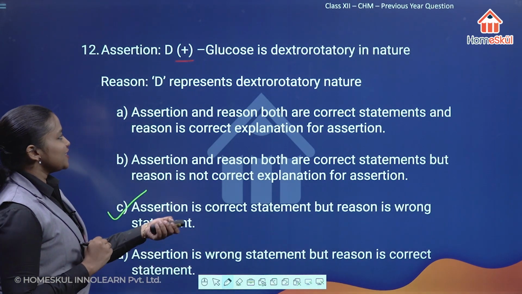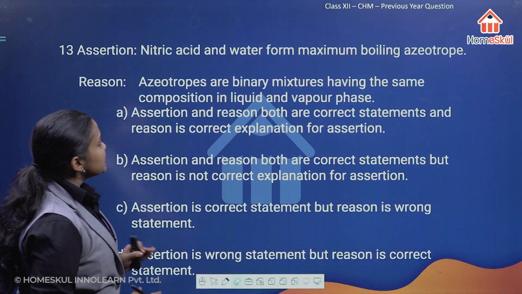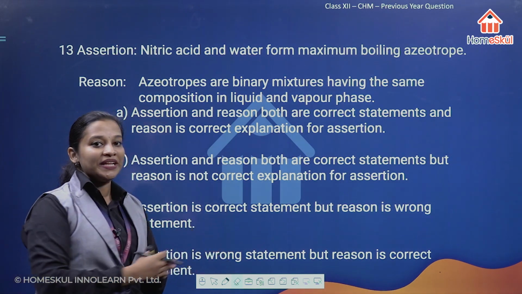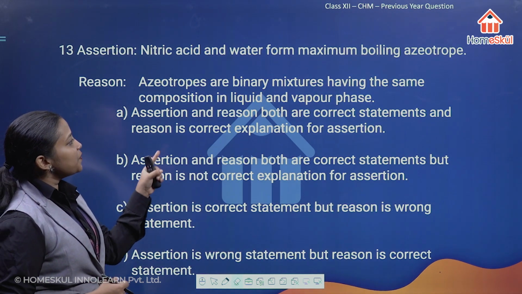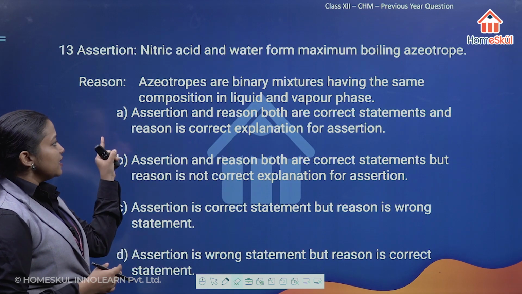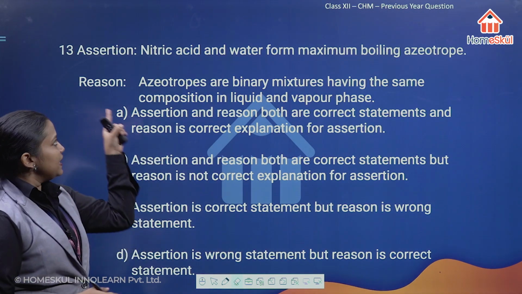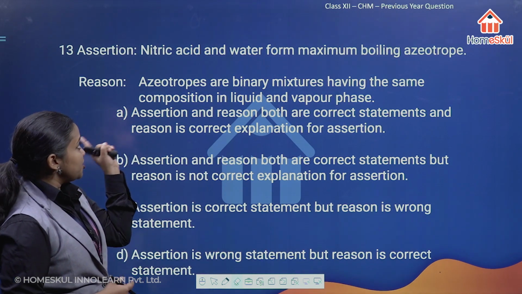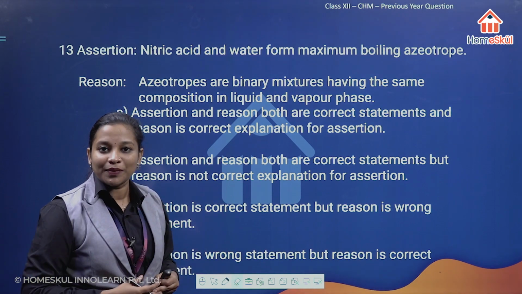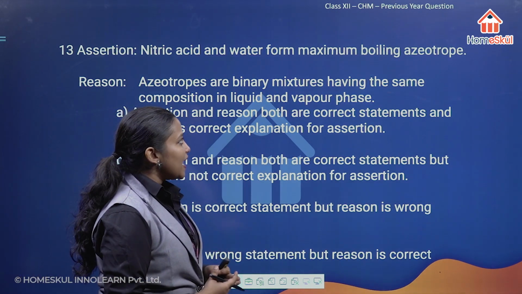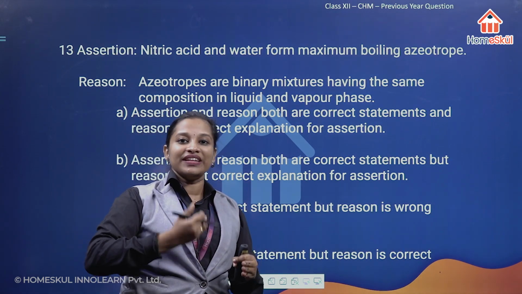Now, moving on to the next, the 30th question. Assertion: nitric acid and water form maximum boiling point azeotrope. And the reason: azeotropes are binary mixtures having the same composition in liquid and vapor phase. Let's read the first one. Is that a correct statement? Yes, of course. We know that nitric acid and water show negative deviation.